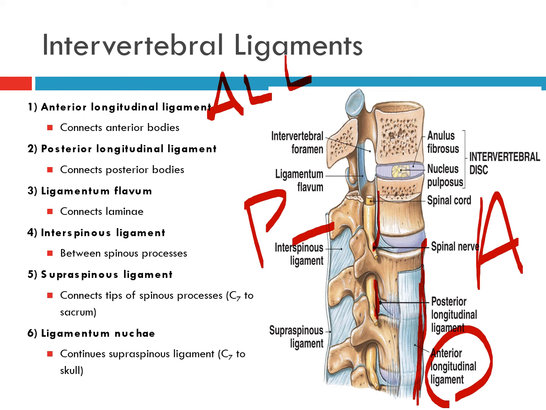So it is on the posterior side of the vertebral bodies, which means it's also in the spinal canal. So that's important. That's the ALL, and that's the PLL. The ALL is all along the front of the vertebral bodies, and then the PLL is along the posterior margin of the vertebral bodies within the space of the spinal canal.